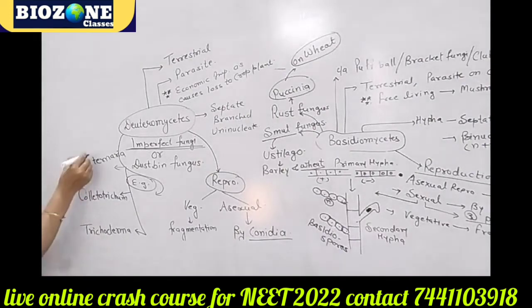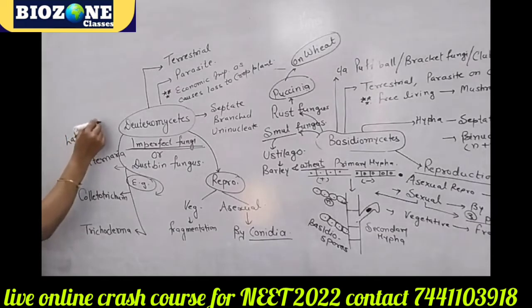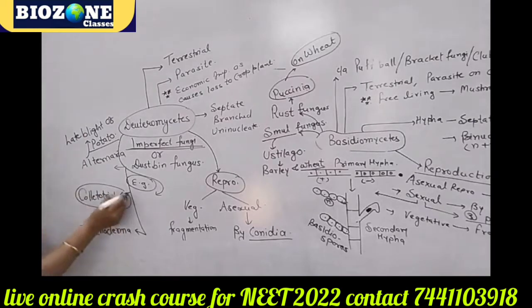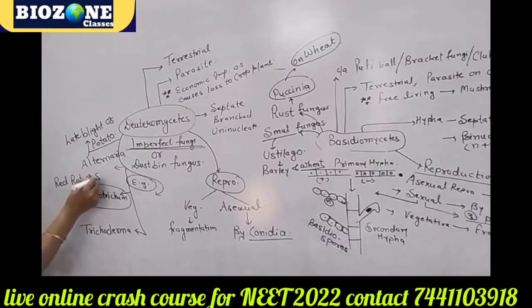Alternaria when we study, so Alternaria causes late blight of potato or blight of potato disease. Entire crop of the potato gets lost whenever there is an infection of Alternaria. Colletotrichum, frequently asked question. Colletotrichum, it is not in NCERT, note it down: red rot of sugarcane.